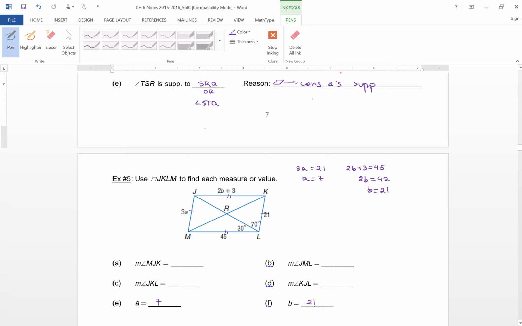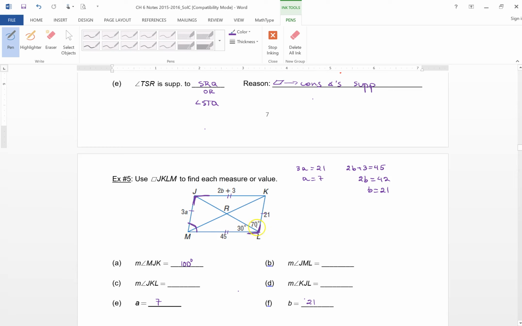Now, measure of angle MJK is this one. It's congruent to the opposite angle, which is 100. Measure of angle JML is this one.